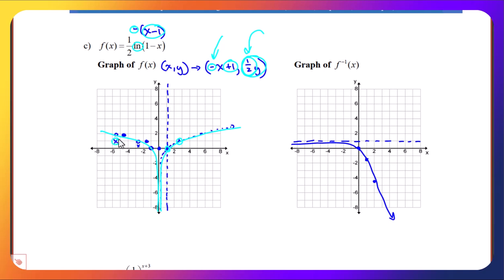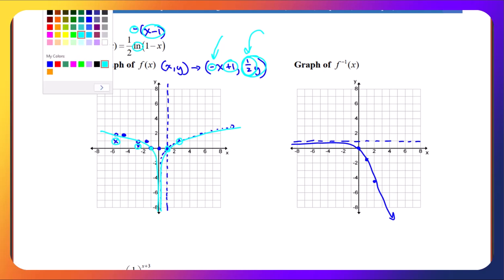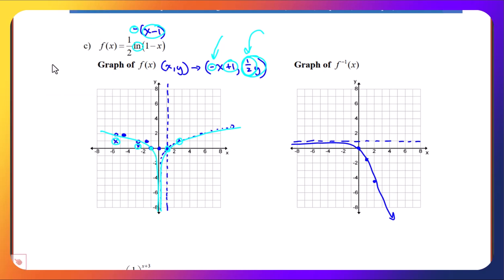So I'll have this x, and cutting 0 by half, I still have 0. And then I take those points and shift them to the right one. So I should take the x's, those points, and shift it to the right one.